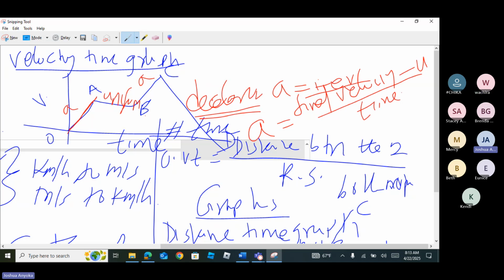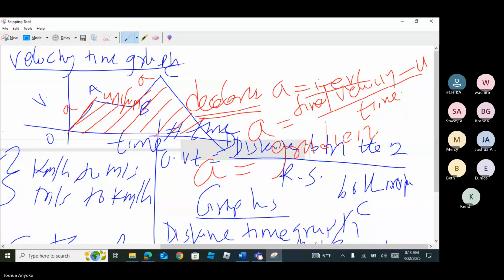And how do you find the distance? In a velocity time graph, acceleration is equal to the gradient. The gradient of OA will give us the acceleration. The gradient of B to C gives us acceleration. The gradient of C to D gives us acceleration.